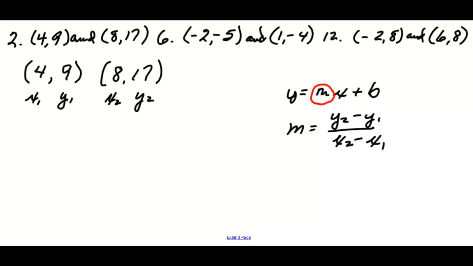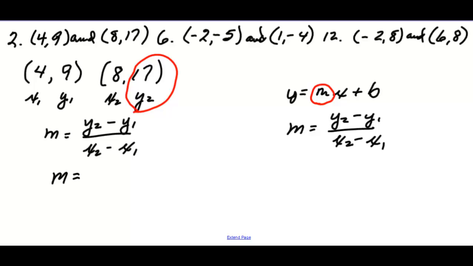So, if we use that slope formula, we would put in m equals y2 minus y1 over x2 minus x1. And now when we go back up, we pick out the correct numbers to put into each place. y2 happens to be right over here. That's y2.